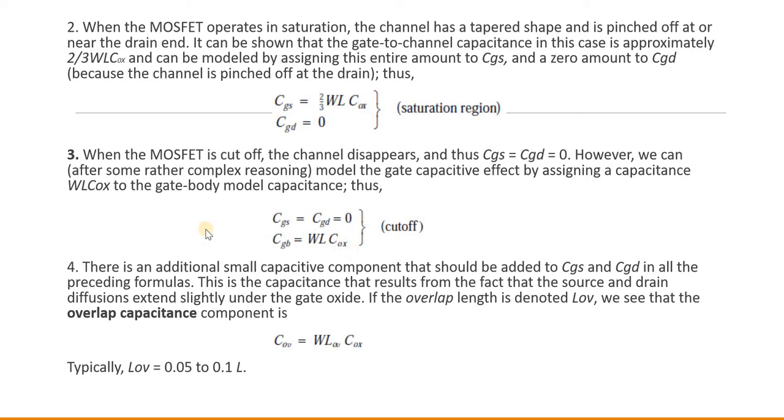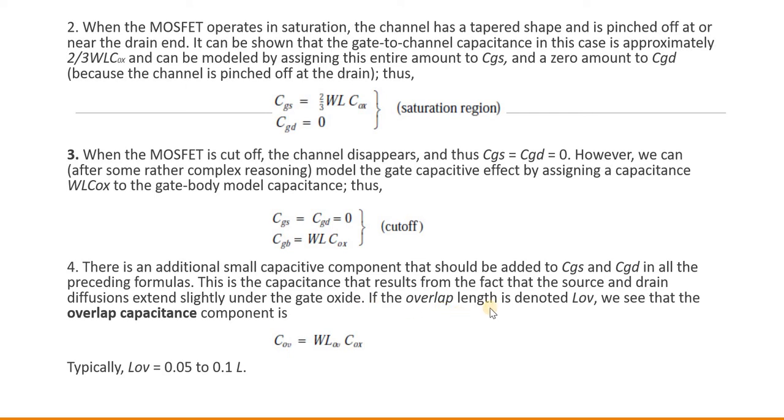Now one more capacitance is there, apart from CGS, CGD and CGB, called the overlap capacitance. So what is this overlap capacitance? It is a small capacitive component that should be added to CGS and CGD in all the preceding formulas. It results from the fact that source and drain diffusions extend slightly under the gate oxide.